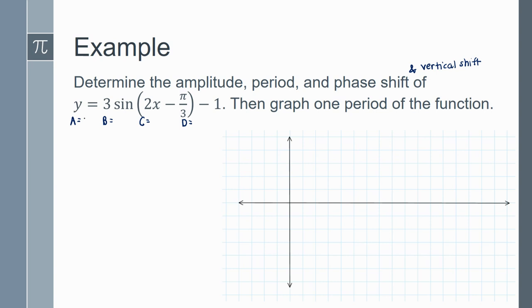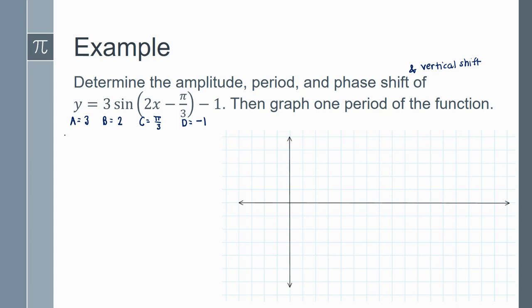So my A value is the number in front, so that's 3. The number connected to x is B, so that's 2. Remember, C is whatever's in parentheses, but we take the opposite sign. So since it says minus pi over 3, I want a positive pi over 3. And then the value that's being added or subtracted from that trig function is going to keep that sign the same. So that's my D.